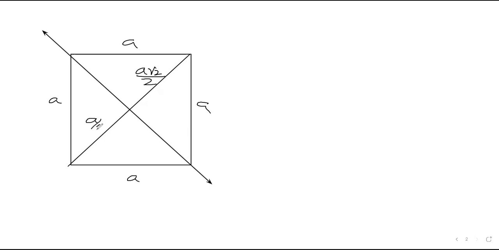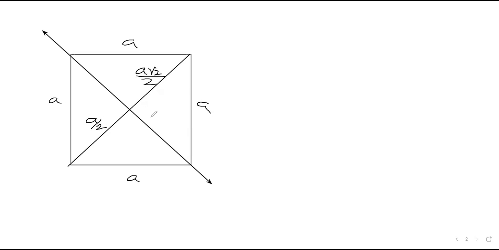Again, we can observe that the square is now divided into two right angle triangles, isosceles right angle triangles, with the side a and the unequal side as root 2 a. So this will be root 2 a divided by 2, and again this will be root 2 a divided by 2.